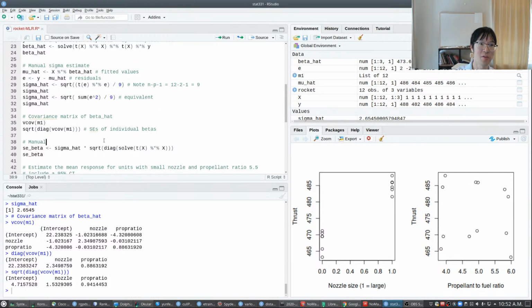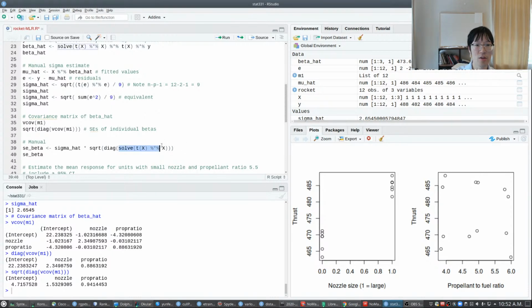Okay, so that's the expression from our notes. So if we want to get the standard errors manually, we need to do sigma hat times the square root of the diagonal elements of X transpose X inverse.